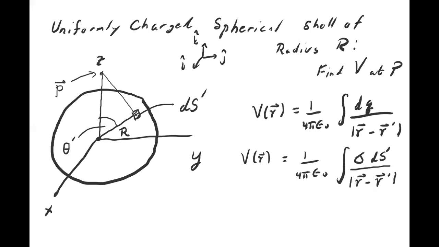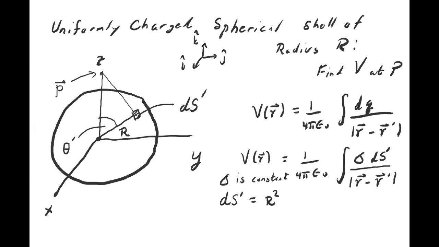So there are two things I need to do. Sigma is going to be a constant in this problem, so it just comes out of the integral. ds prime, again, I prime all of my sources of charge in spherical polar coordinates.